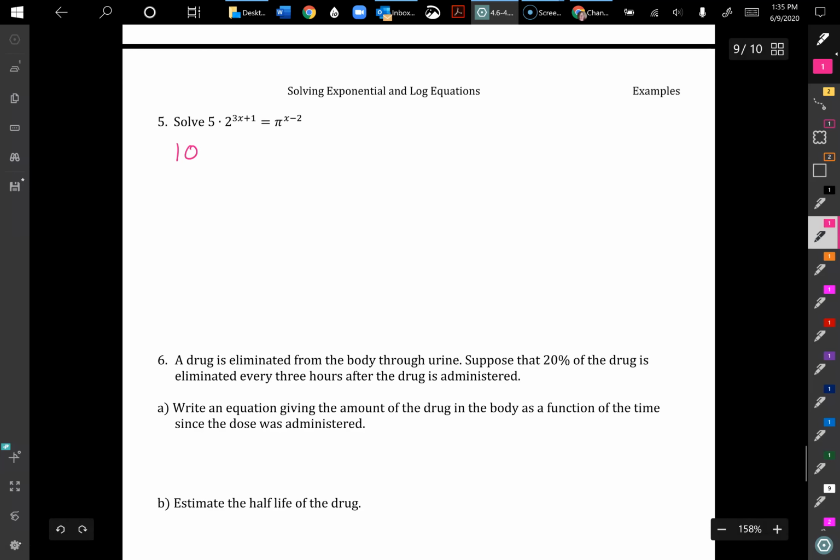So I have log of 5 times 2 to the 3x plus 1 equals log of pi to the x minus 2. Okay, and these I'm just doing base 10 common log.